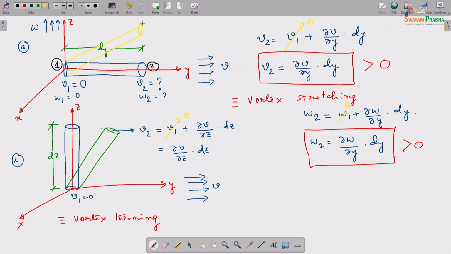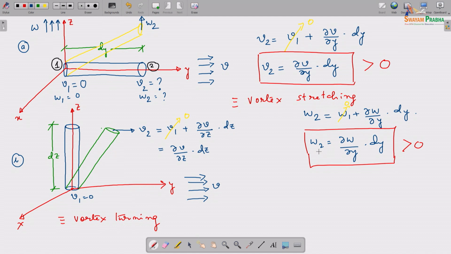Right? So I would probably have something like this, and this is going to be my W2. Is that right? So therefore, the W2 in this case, the z component of velocity, is going to cause turning.